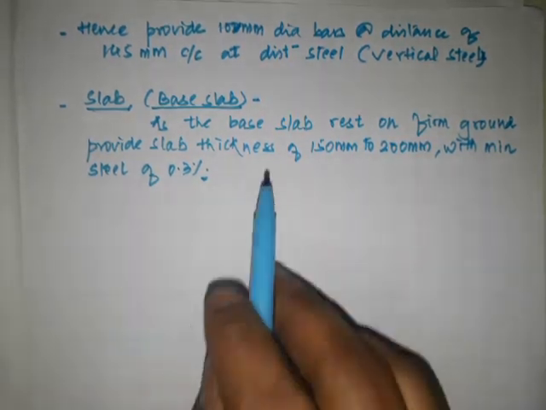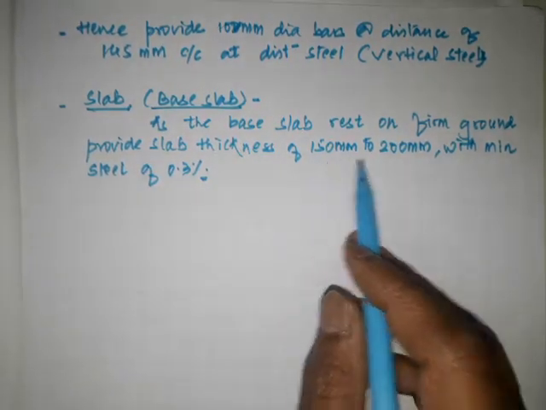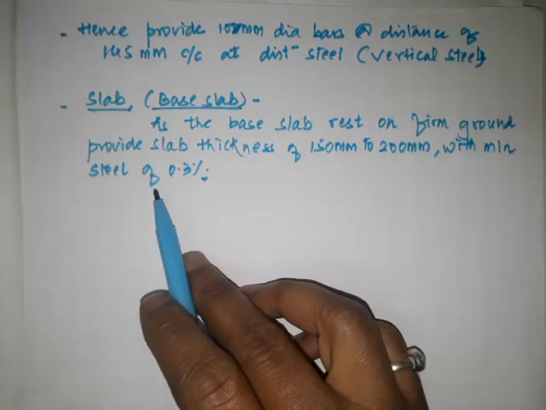Are you getting it now? So we have to provide the slab thickness between 150 mm to 200 mm with the minimum reinforcement of 0.3%.